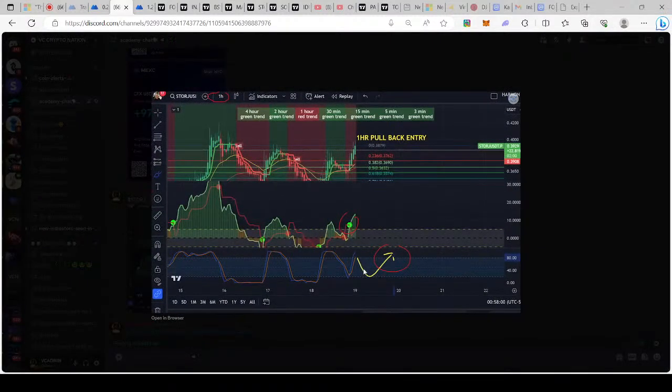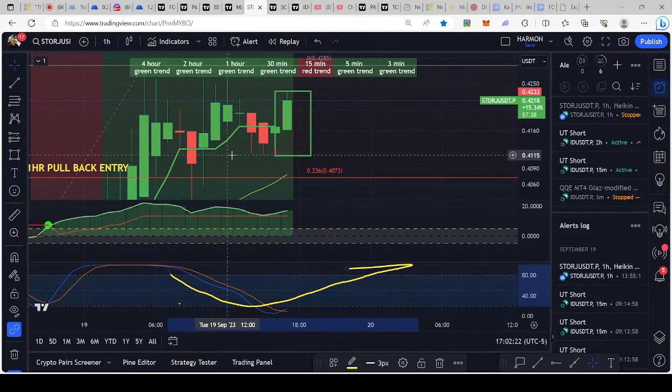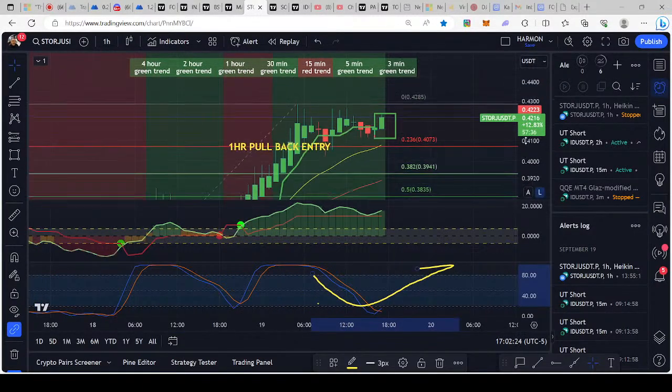Click on that. So I have a thing that says right here, storage. Basically, in the red zone, says 1 hour pullback. It was at 39.29. It says pull back 1 hour and then the long 3929.